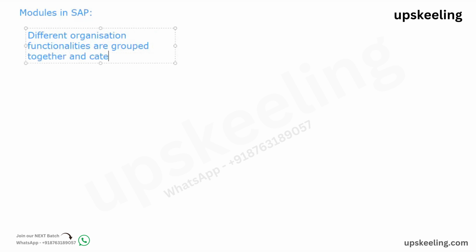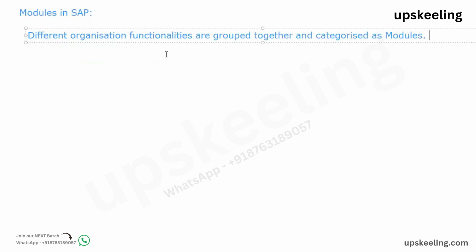The classification of modules in SAP is such that different organization functionalities are grouped together and categorized as modules. What are the functionalities that we are aware of?